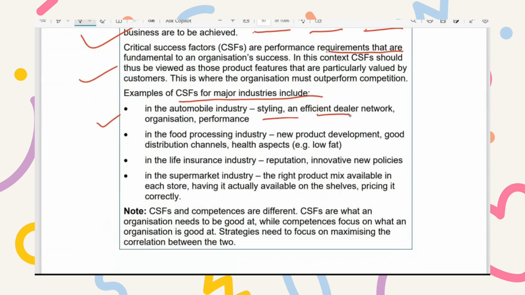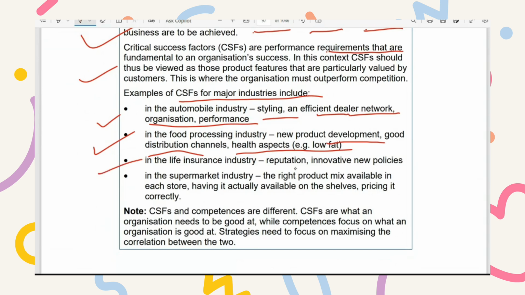Examples of key CSFs in major industries: in the automobile industry, styling, an efficient dealer network, and organizational performance. These are critical. If you take any automobile brand or showroom, their presence in the market, their resemblance, their beauty, their outlook, everything matters. In food processing, new product development, a good distribution channel, and health aspects.